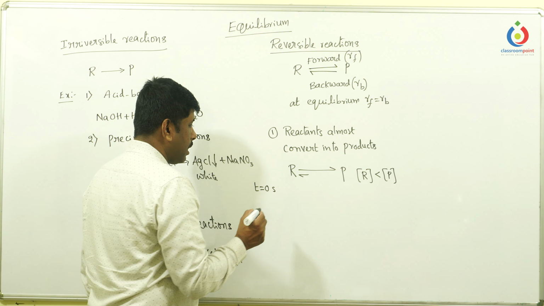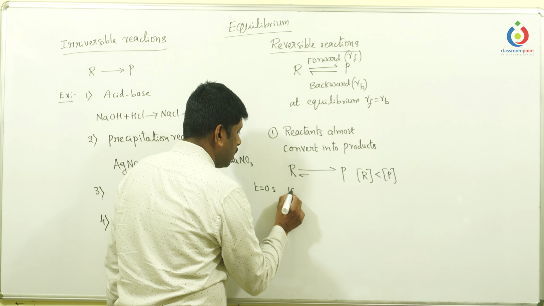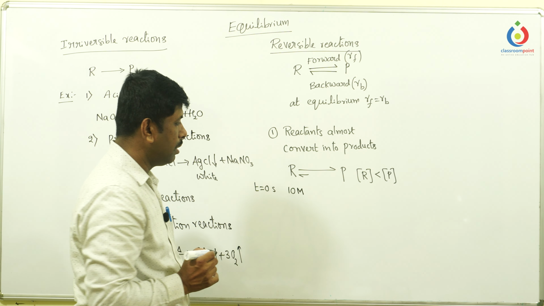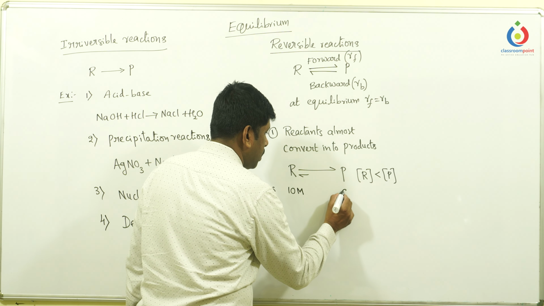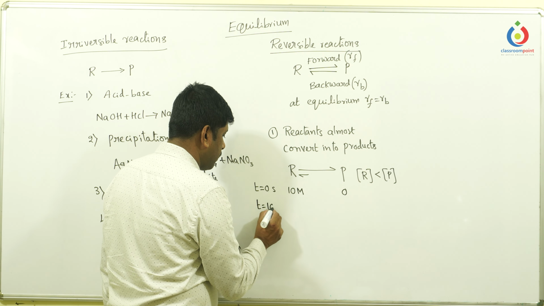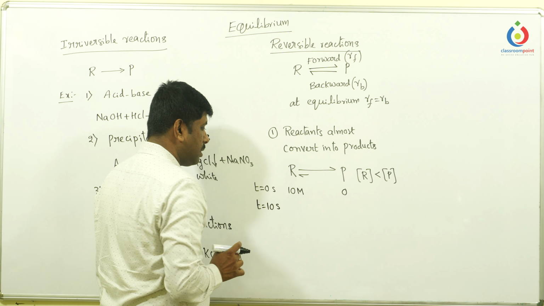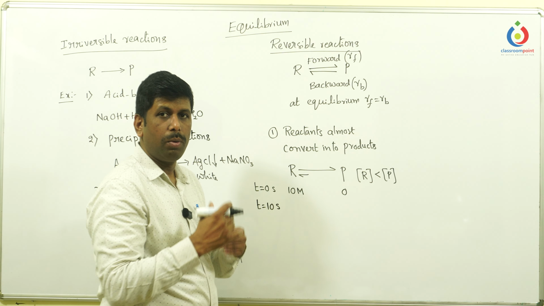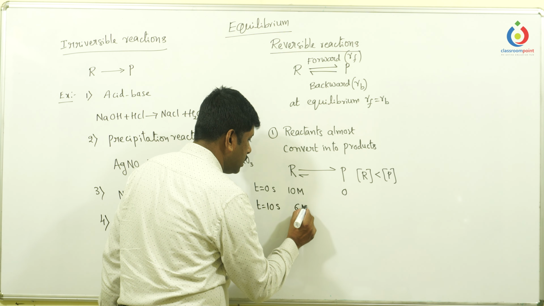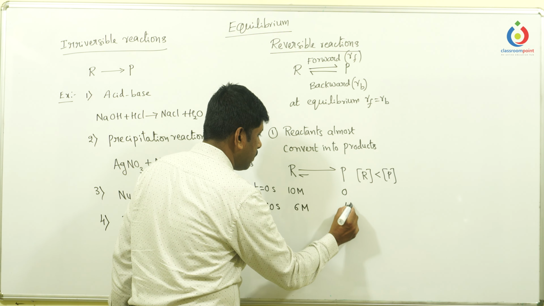So in this case, imagine I am taking 10 moles, a 10 molar concentration, of the reactant molecule, and initially 0 molar concentration of the products. After 10 seconds, out of these 10 moles, imagine 4 moles converted. So the remaining reactant concentration is 6 moles, and here I can write 4 molarity.